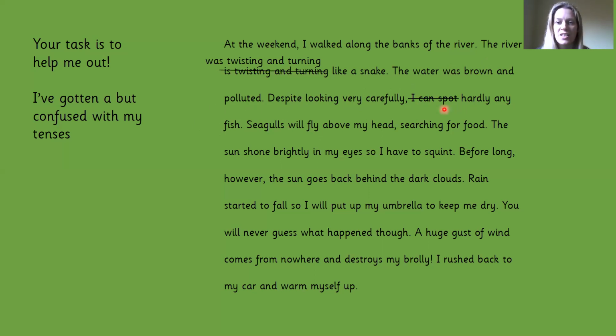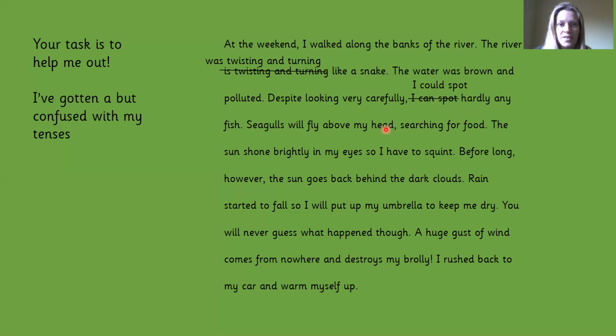So I'm going to change can spot to I could spot hardly any fish. Okay, can is in the present, so I want to talk about it in the past. I could spot. So I'm saying that I could spot no fish. That's what that hardly any means. I could spot no fish whatsoever because it was all brown and polluted.